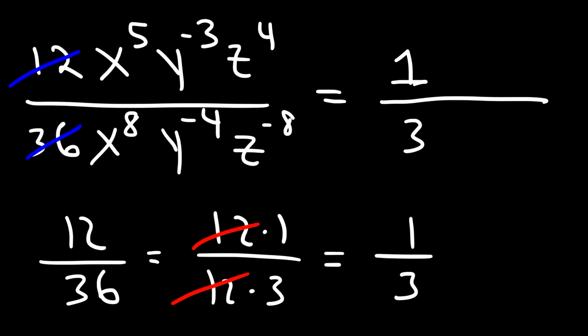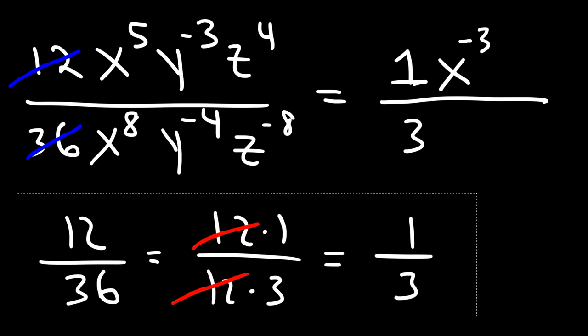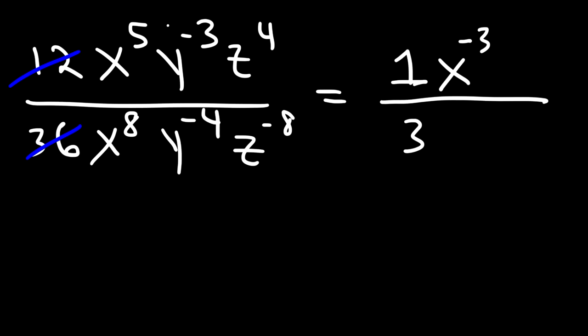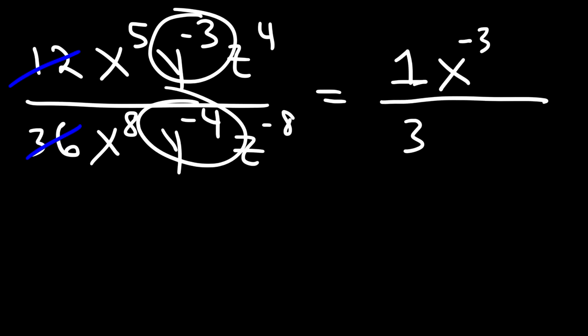Next, we could divide x to the 5th power by x to the 8th power. So initially, the variable will go on top, and it's going to be 5 minus 8, which is negative 3. Now let's move on to the y variables. Let's divide these two.